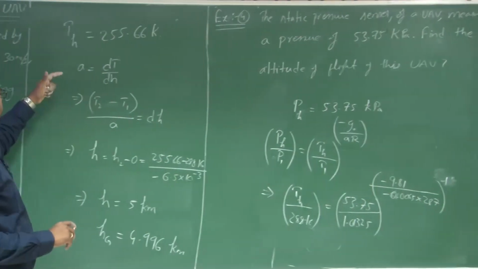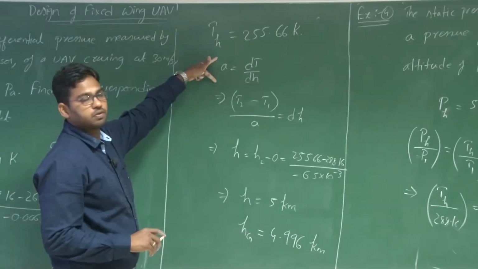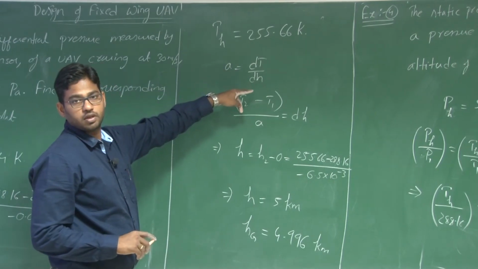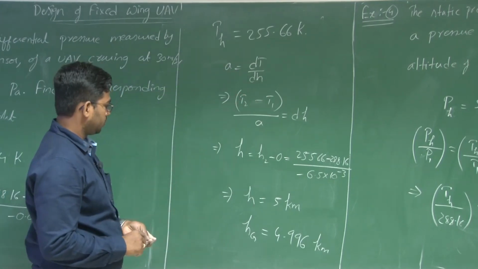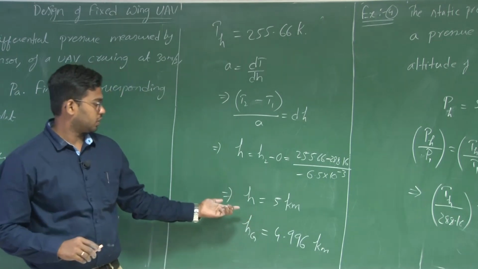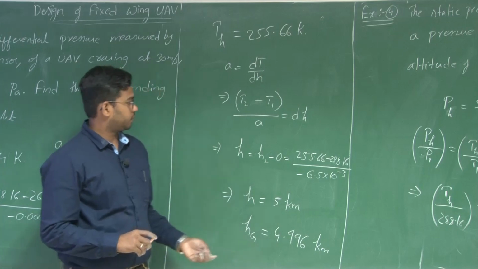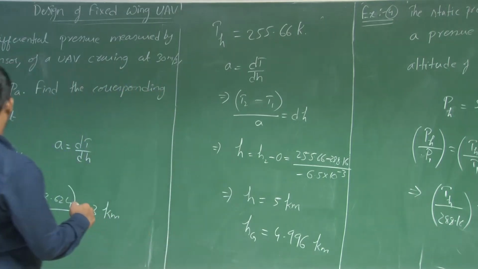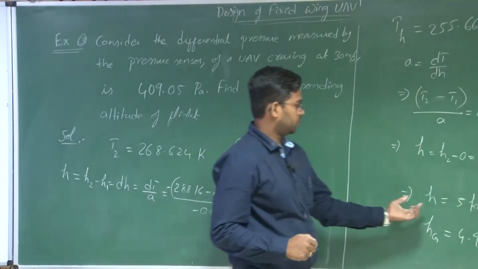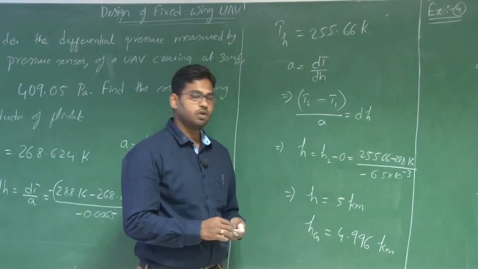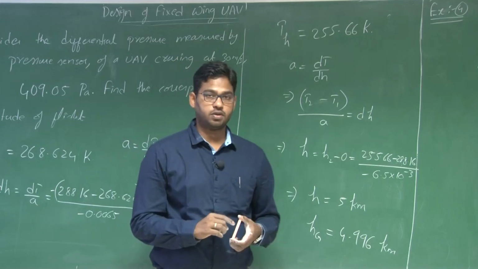And with the help of the definition of this lapse rate, we are able to find out the corresponding altitude of flight. This geopotential altitude turned out to be 5 kilometers. And with the help of the relationship between geopotential altitude and geometric altitude, we figured out the geometric altitude to be 4.996 kilometers.